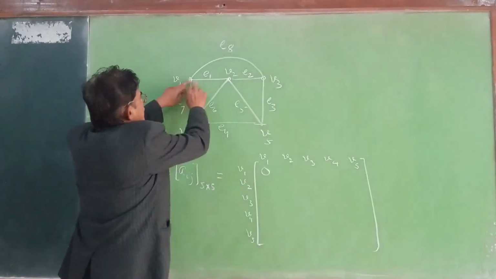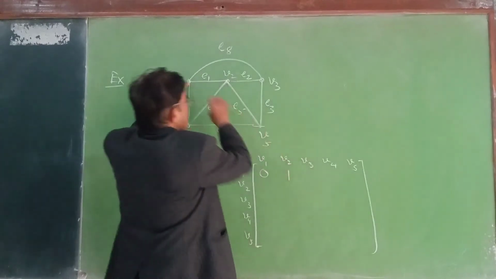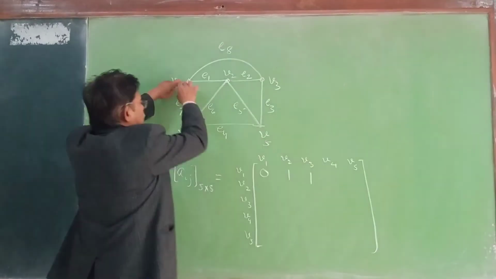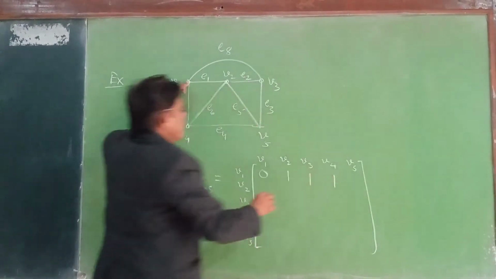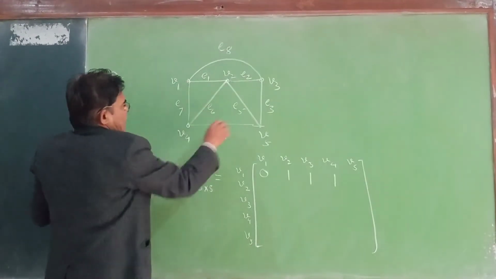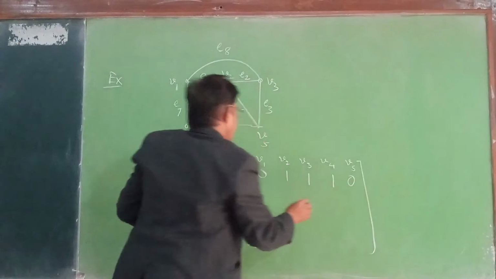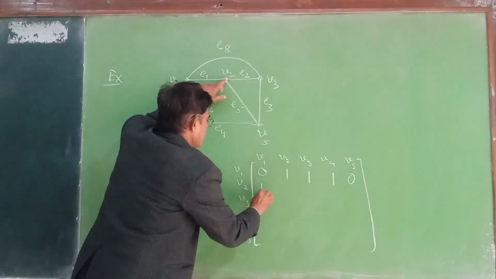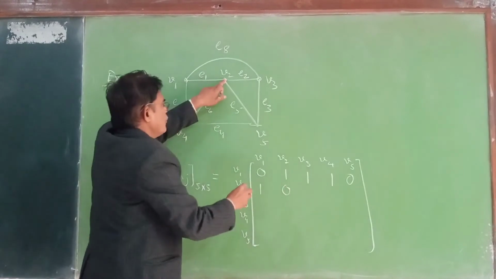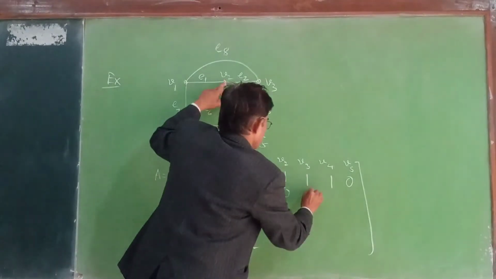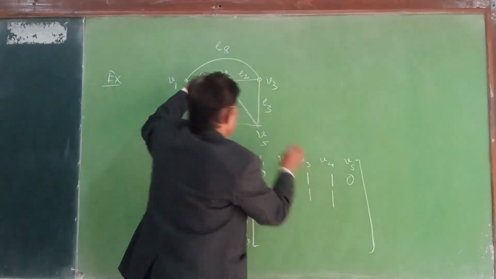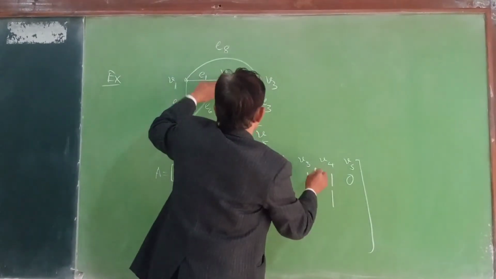So V1 to V2 is 1, V1 to V3 is 1, V1 to V4 is 1, V1 to V5 has no edge, so 0. Now V2: V2 to V1 is 1, V2 to V2 is 0, V2 to V3 is 1, V2 to V4 is 1, V2 to V5 is also 1.